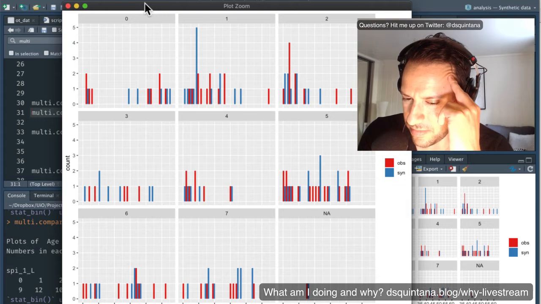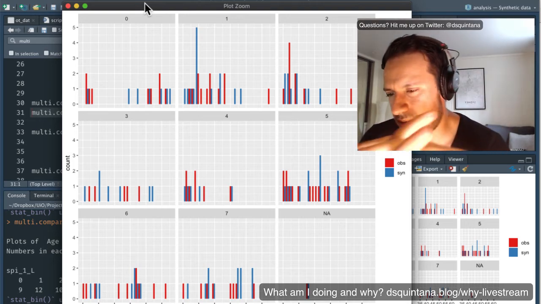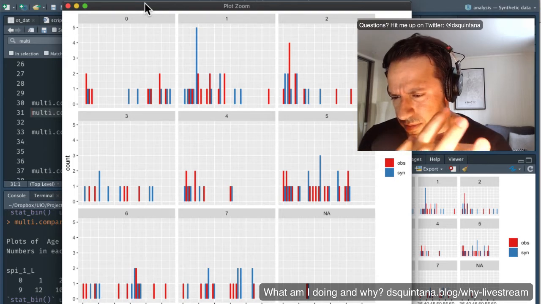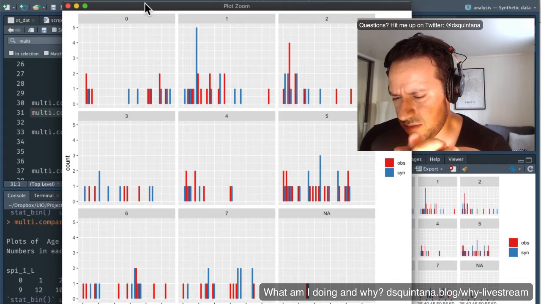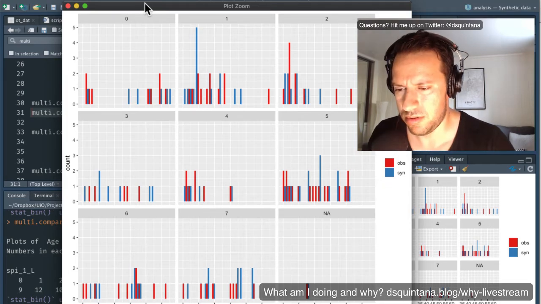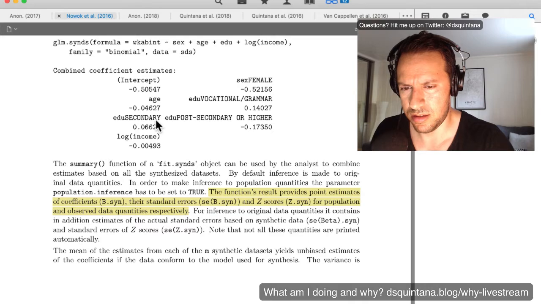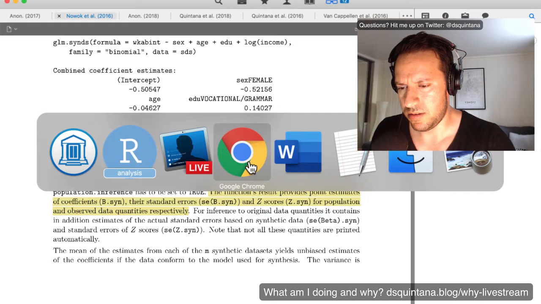No. What if we were to look at the scatter plots between these two, put them on the same plot? Oh, I wonder if you can do that.